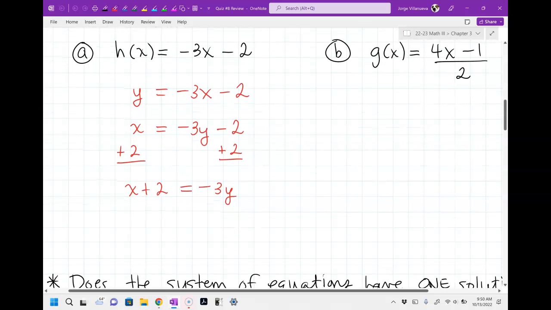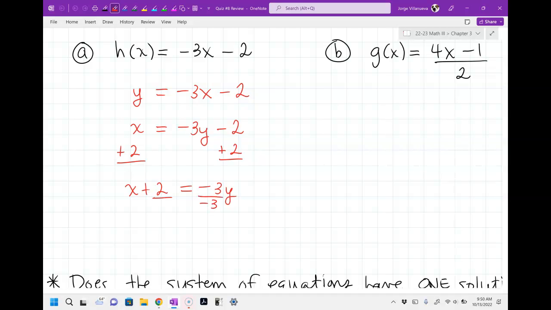Now, I'm going to divide everything by negative 3. Okay? After I divide everything by negative 3, I get a negative 1/3 x. You could also write negative x over 3 if you want to. I just like to write the fraction. Negative 1/3 x minus 2/3 equals y.